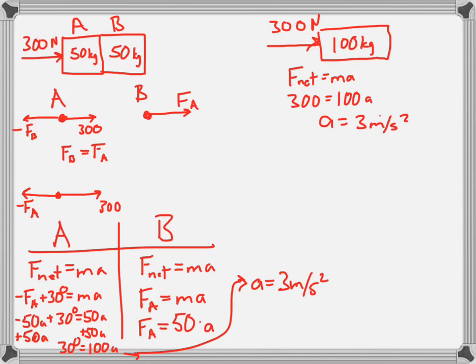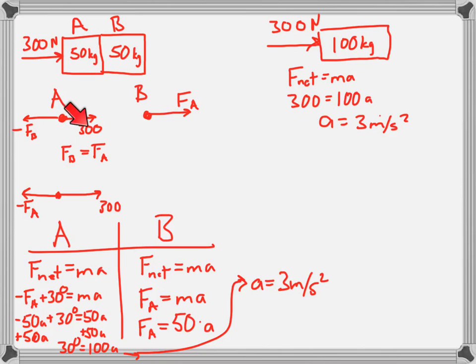All right, now, a lot of us were thinking, when we first set up this problem, that the force that box A exerts on box B is 300 newtons. Let's think that through and figure out why that can't be correct. Well, if I push on this box with 300 newtons, and you're saying it also pushes on this box with 300 newtons, then by Newton's third law, box B has to push back on box A with 300 newtons.